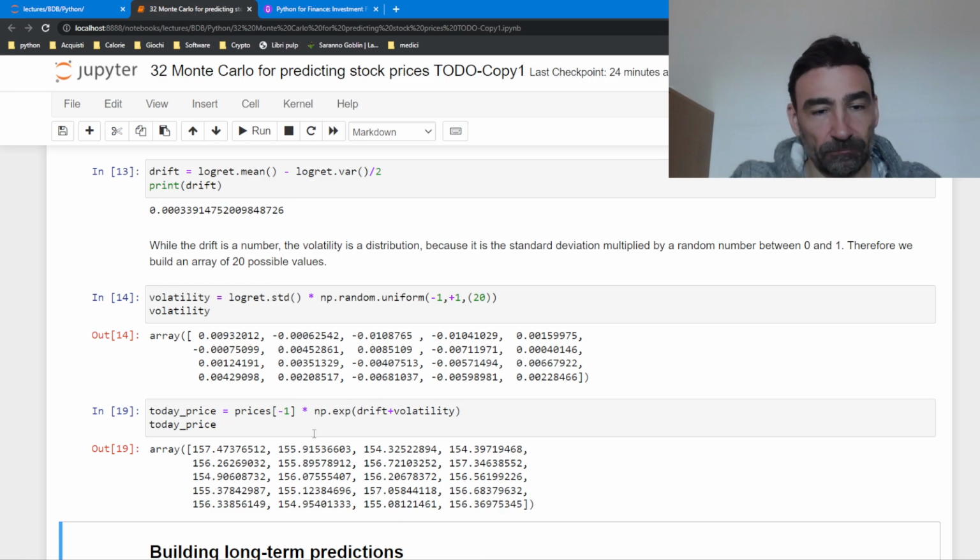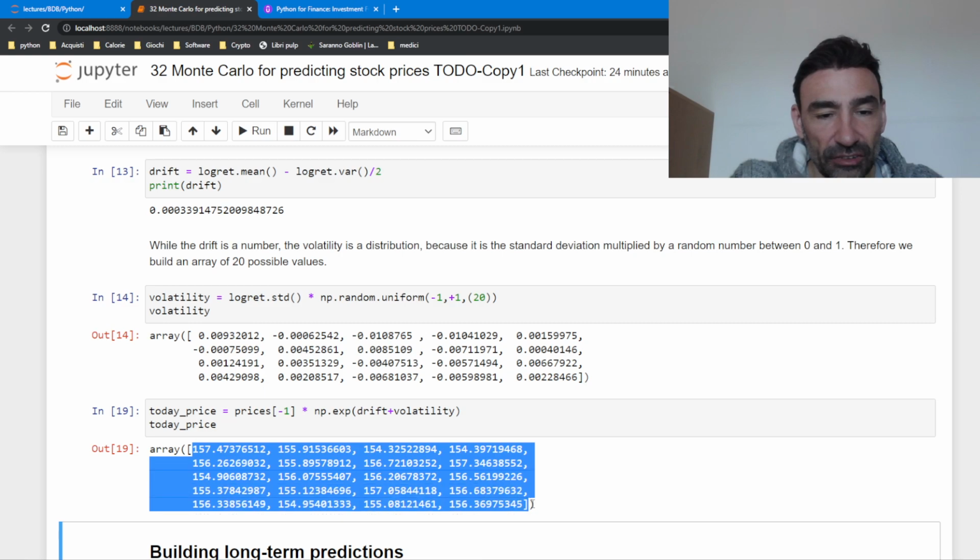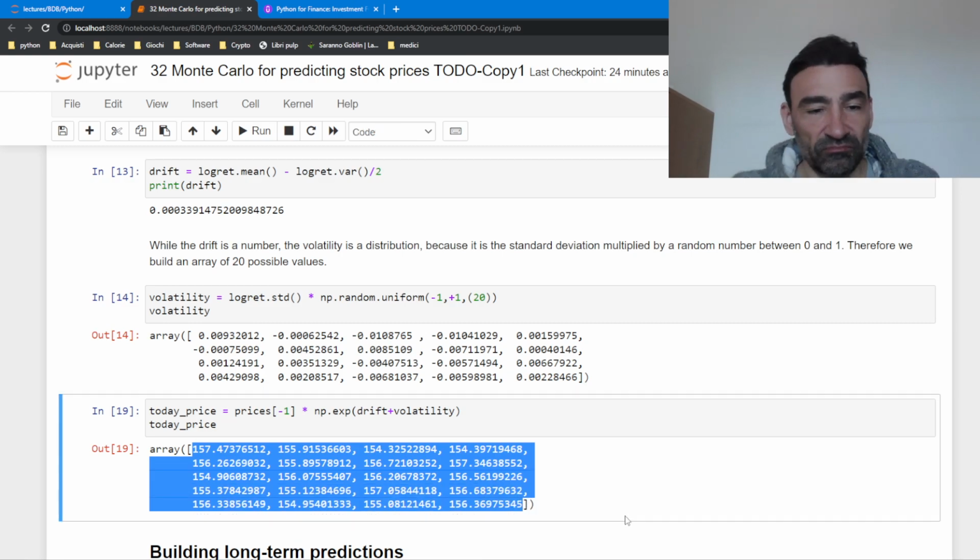Okay, so these are the forecasting for today price, according to our model, which uses as drift the historical average logarithm, minus a half of the variance, and which uses as volatility the standard deviation of the logarithm multiplied by a uniform distribution between -1 and +1. Okay, so these are the data.